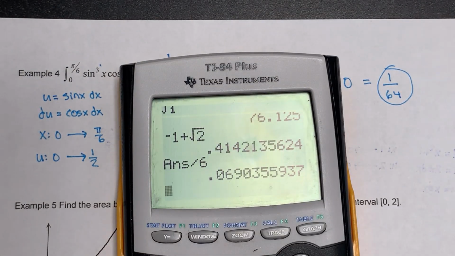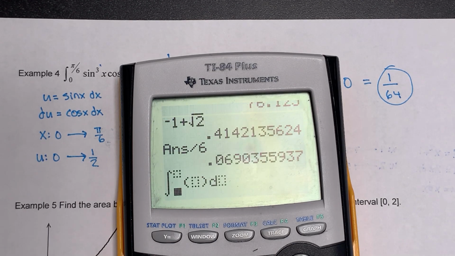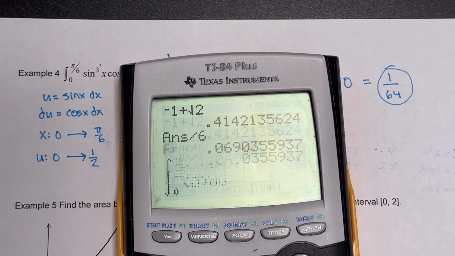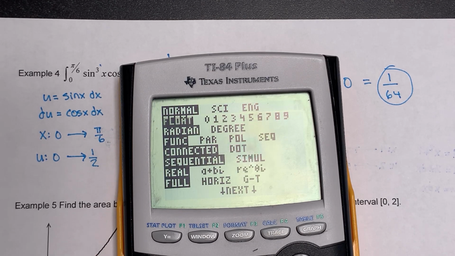So this is something we could verify on the calculator. We'll do math 9, from 0 to pi over 6. Let's make sure we are in radians.